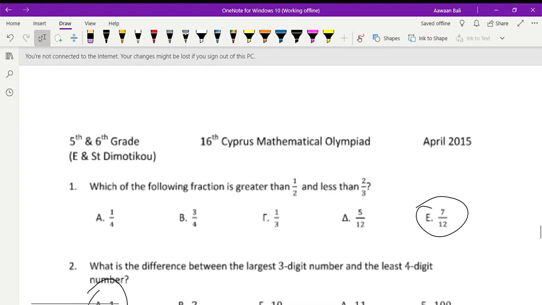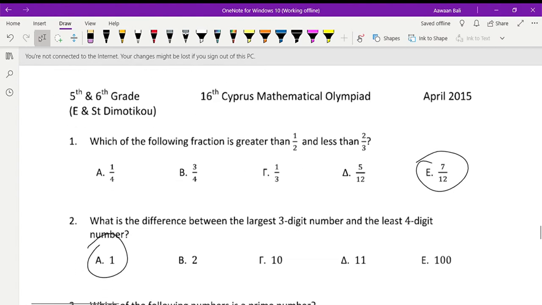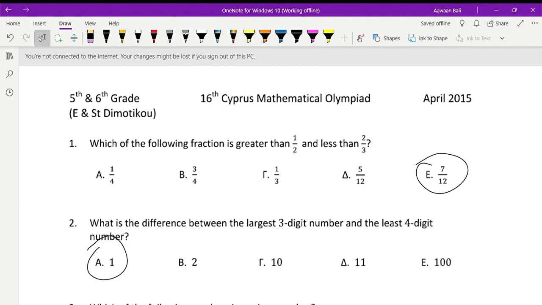Now, question number 1. Which of the following fractions is greater than a half and less than 2/3? To find this, you basically need a common multiple, because none of these denominators are 6. Since the lowest common multiple you can find is 6, since 2 times 3 is 6, 3 times 2 is 6, obviously.